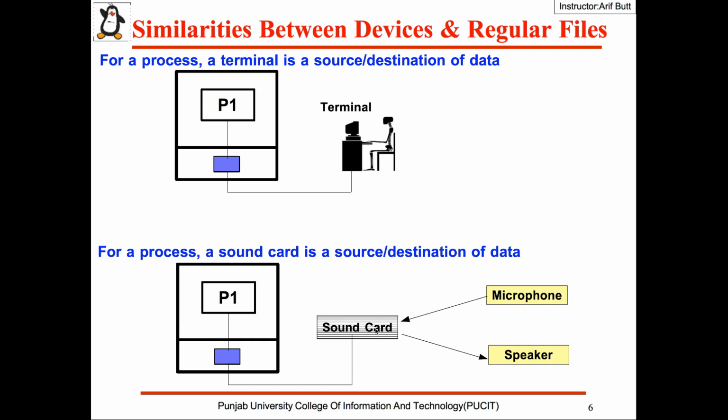The sound card translates this voice into a stream of encoded data and sends it to the process via the driver program inside the kernel. The process executes code to perform maybe noise reduction and a bit of amplification as well, and then writes it back to the sound card via this driver program inside the kernel.